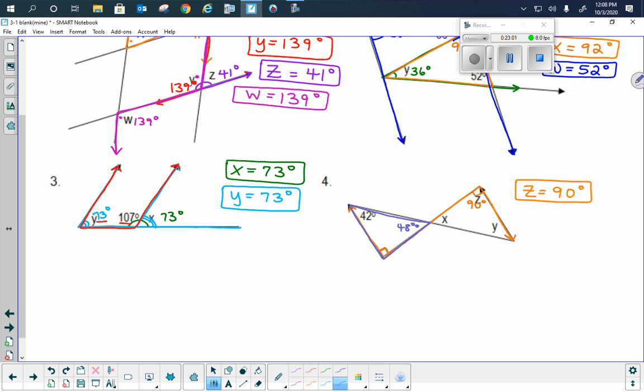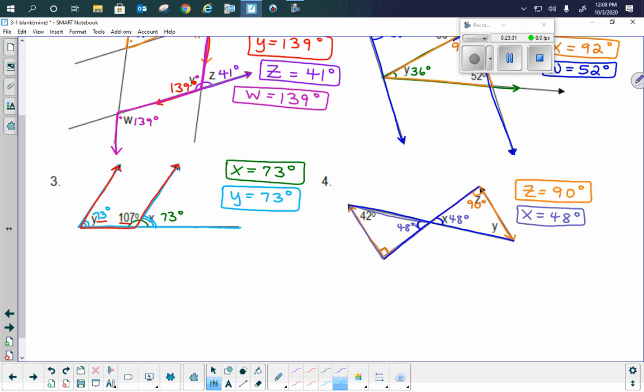Okay, and since these are vertical angles, and vertical angles are always equal, here's the big X telling you that those 2 angles are equal. Therefore X is also 48 degrees. Mark that for yourself.